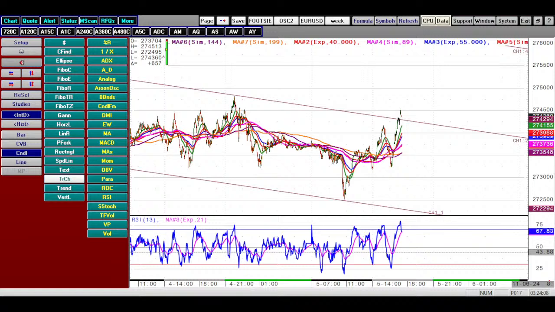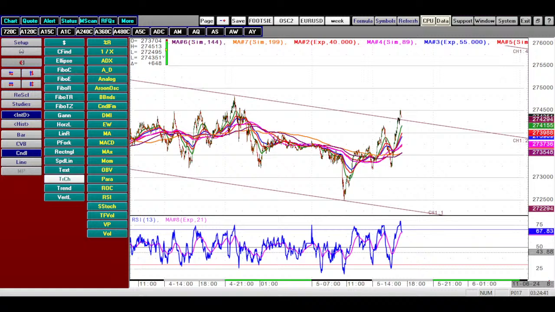Some of you might be wondering why we are looking at so many crosses or so many markets, rather than concentrating on just one or two. Basically, we just want to use the opportunity and get the maximum output during the time when we are sitting in front of the screen.